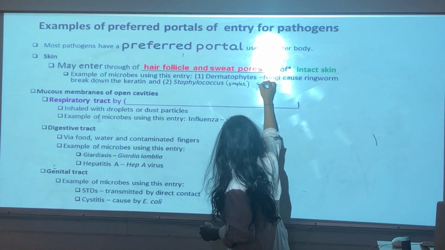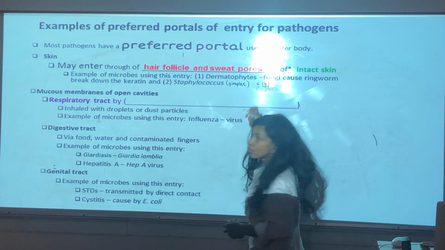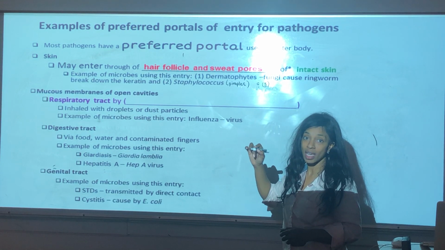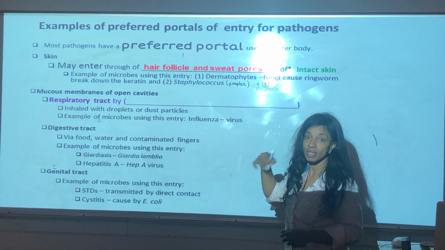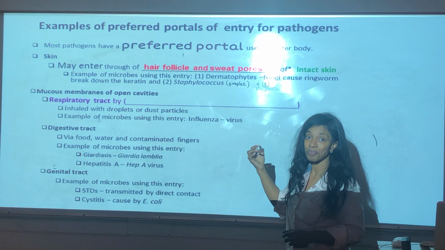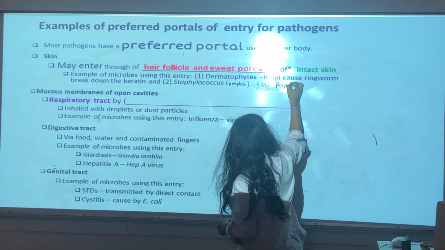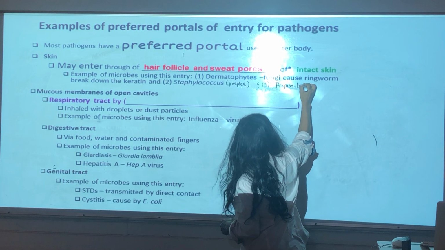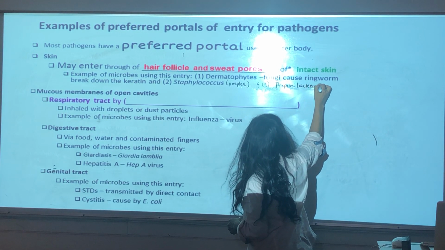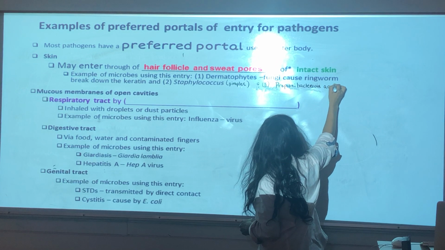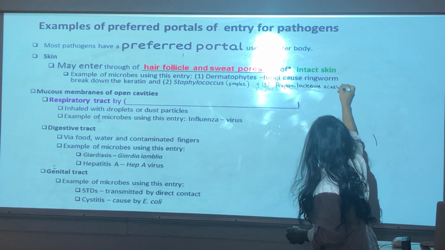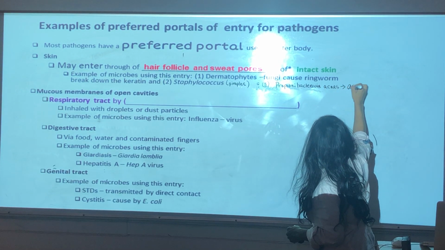We'll add number 3. The other skin organism begins with a P. Can you remember what organism naturally lives on the skin? This organism is called Propionibacterium acnes, and it can cause acne formation.